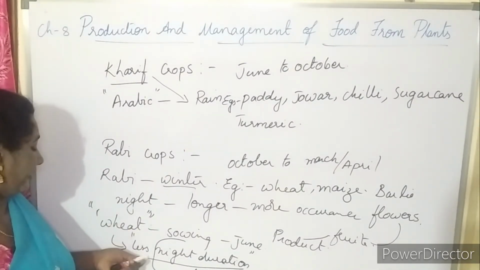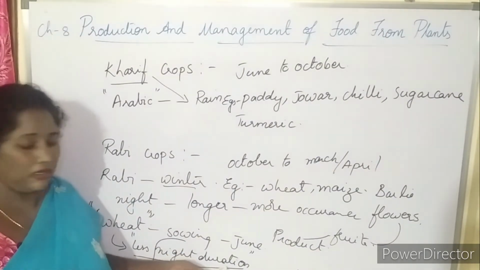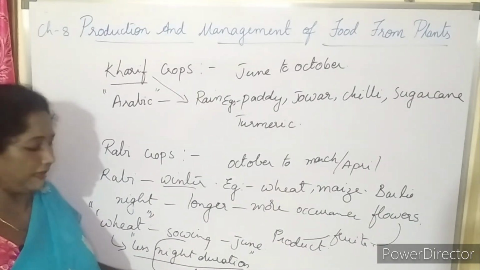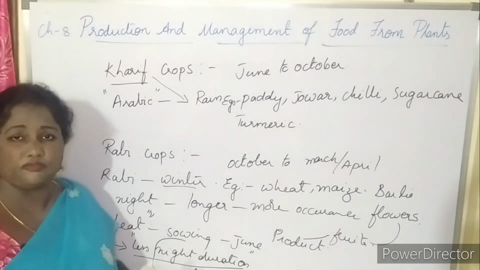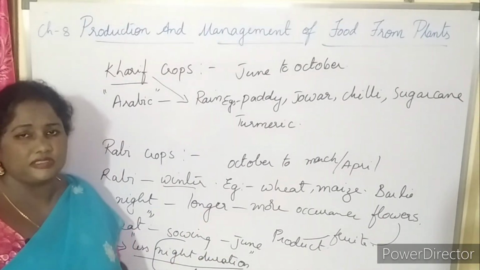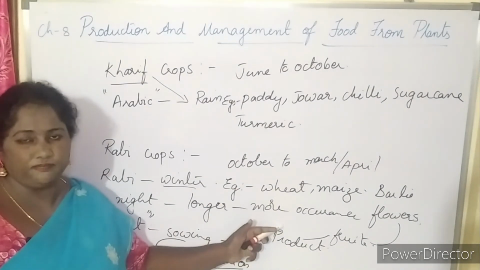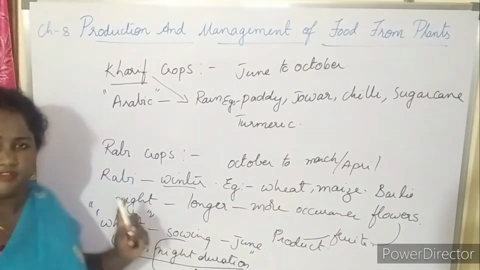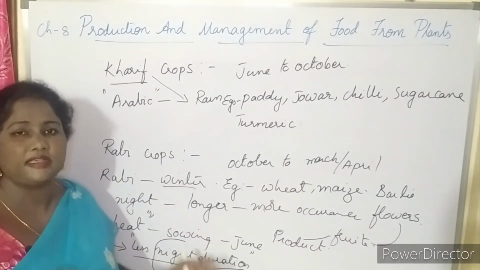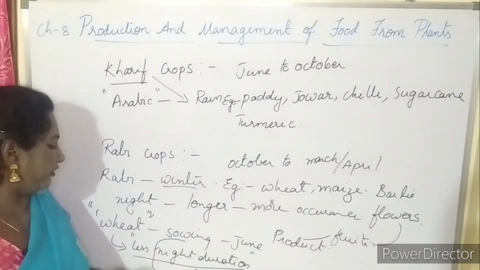So wheat requires less night duration. When it is sown in October, it will be useful for the farmer. But if it is sown in June, the farmer will not get more yield, because it takes until October for flowering. It is not at all suitable for the wheat plant to flower in October, but sowing in October is advisable. So that is the point we learned now.